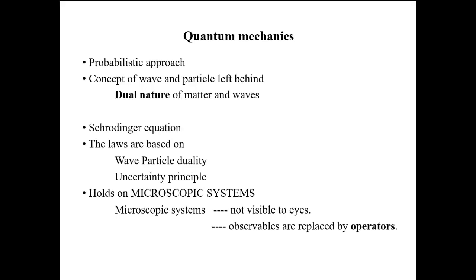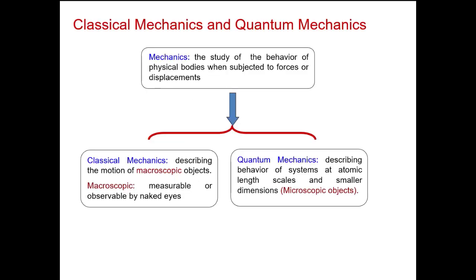The laws in quantum mechanics are based on various principles like wave-particle duality and the uncertainty principle, and it holds good in microscopic systems, that are systems which are invisible to our eyes. The observables in classical mechanics are replaced by operators in quantum mechanics. So, up to now, we have concluded that classical mechanics and quantum mechanics describe two regimes of dimensions of systems, which are respectively macroscopic and microscopic regions.